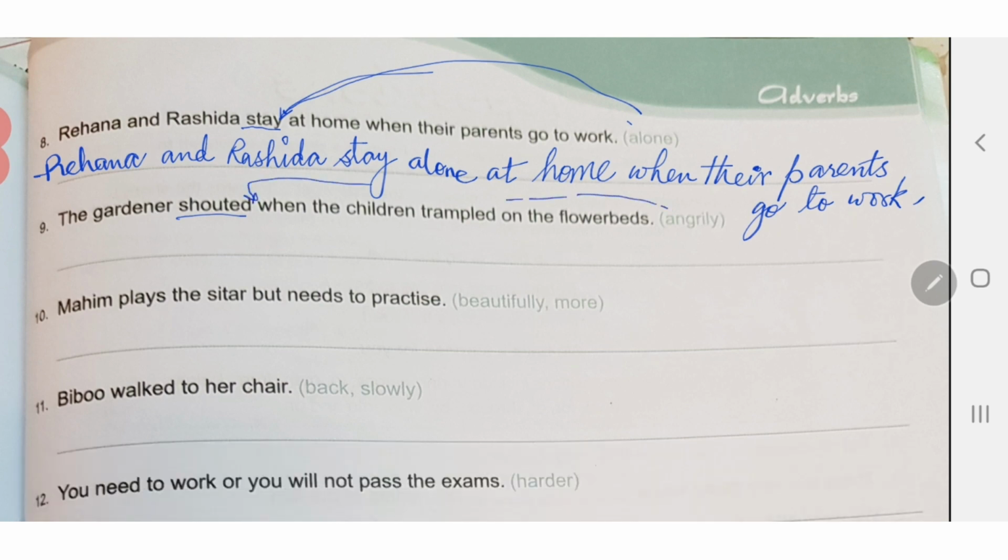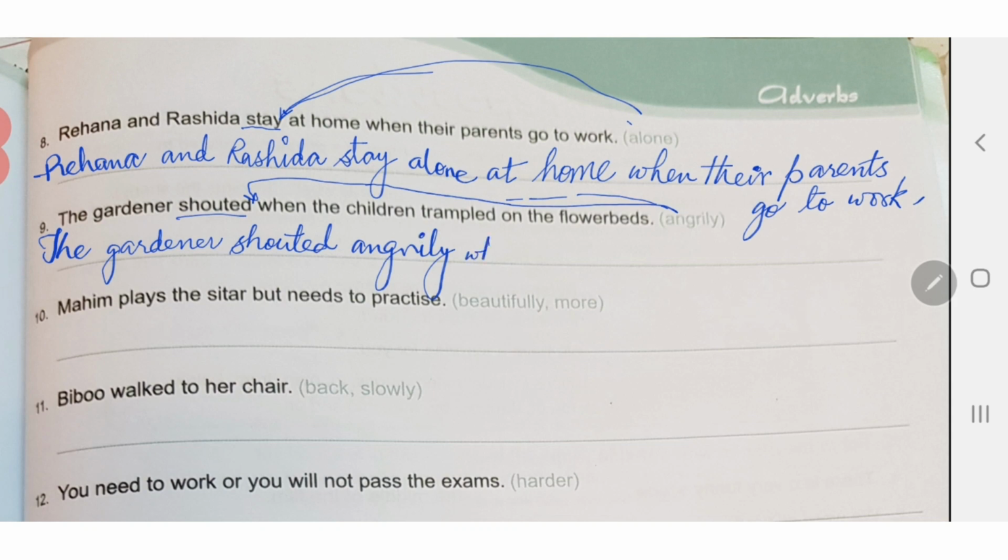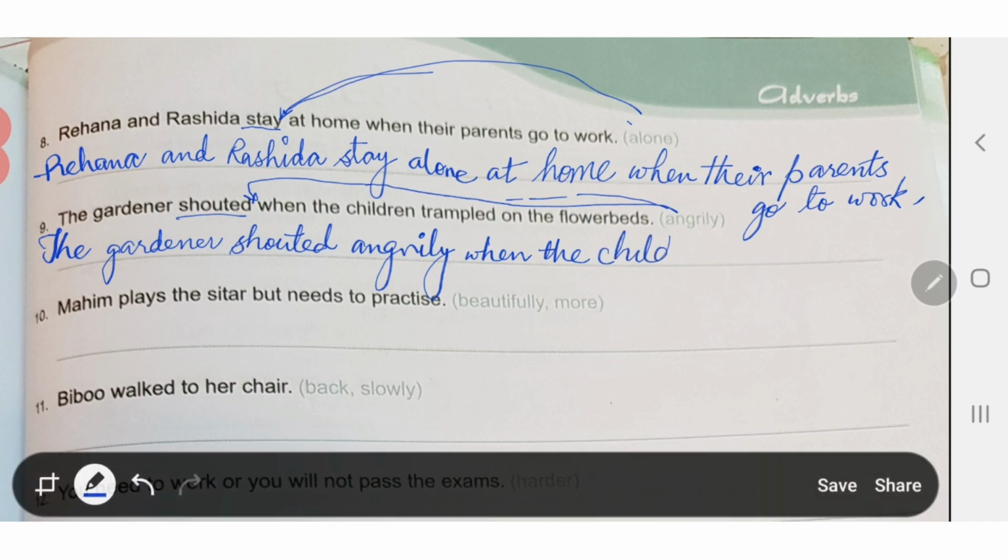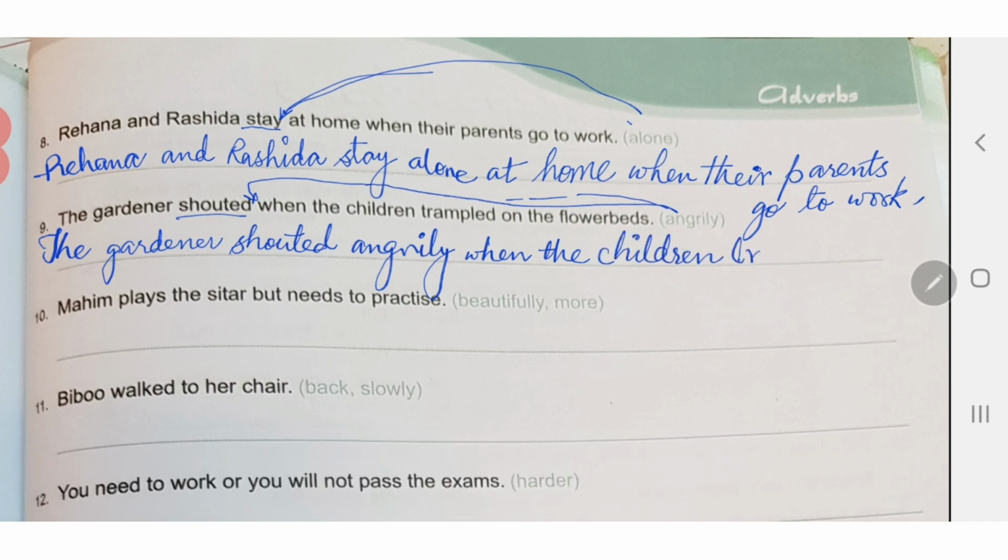Just after shouted. So it will become: The gardener shouted angrily when the children trampled on the flower beds.